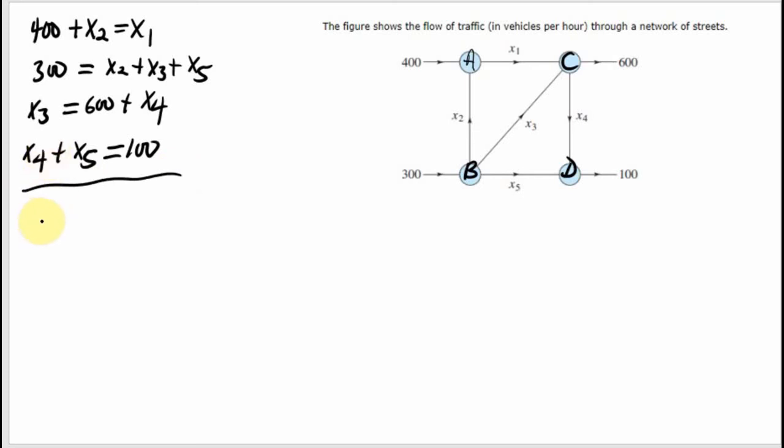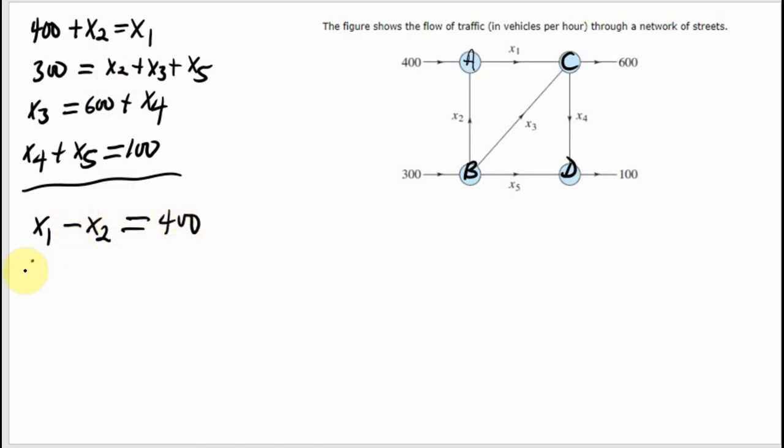So here's how we're going to write it. I better write it as a system first again. Simplifying, the first equation is x sub 1 minus x sub 2 is equal to 400.